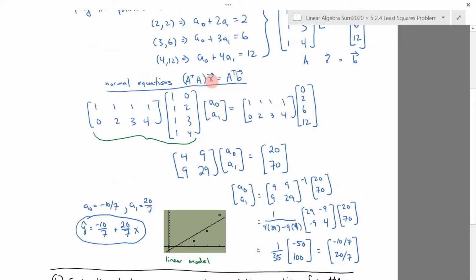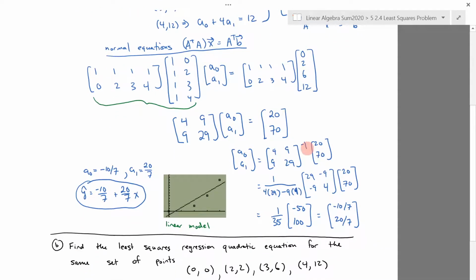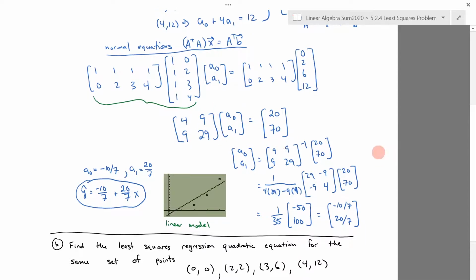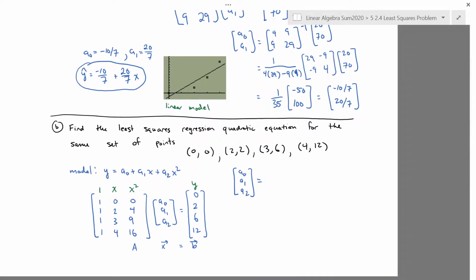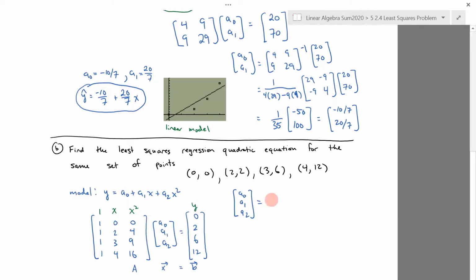And then if I want to get x by itself, I have to take this thing in parentheses and take the inverse of that, which is exactly what we did here. This thing became A transpose B, this thing was A transpose A, and when it goes to the right side, it becomes the inverse. So to calculate this, it's (A transpose A) inverse, and this thing was A transpose B.